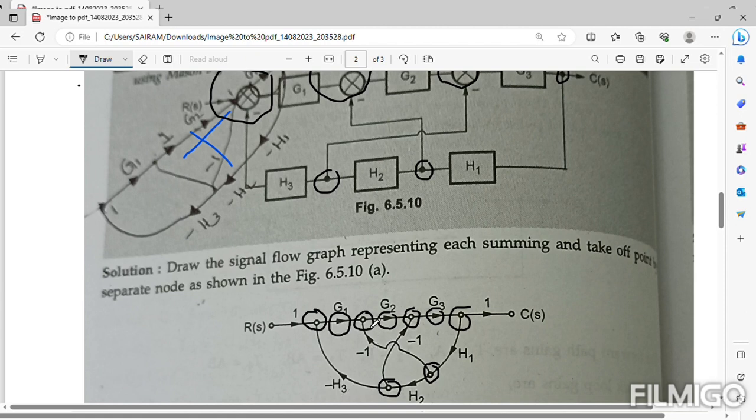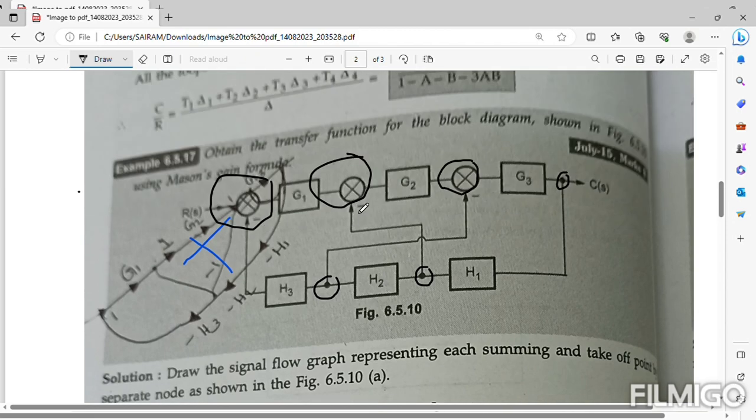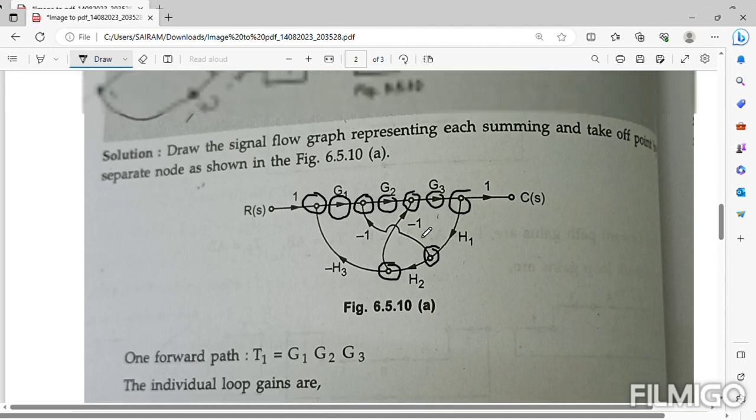Now you can see that in between G1 and G2 there was a summation point converted to a node, and from that node you connect to H1, because that summation is connected before H1. You do the same connection as in the block diagram, but instead of blocks you connect by branches.